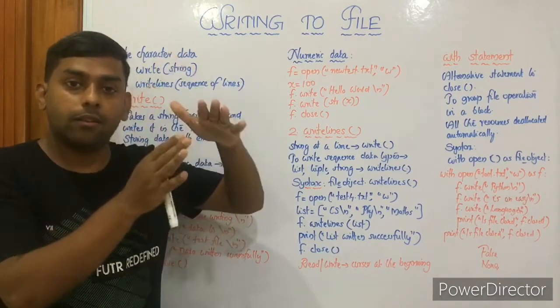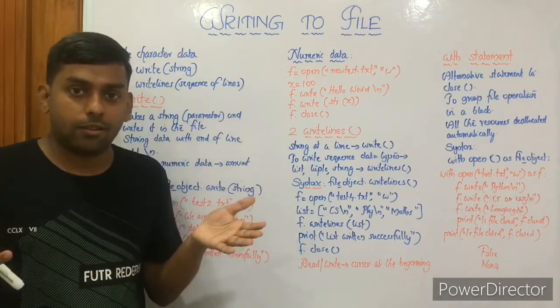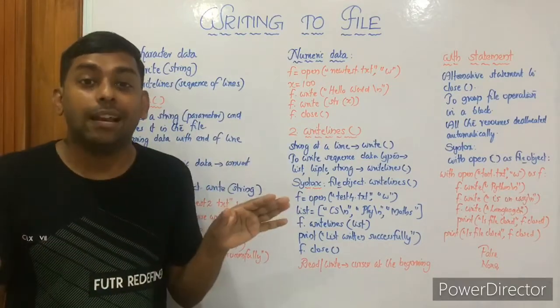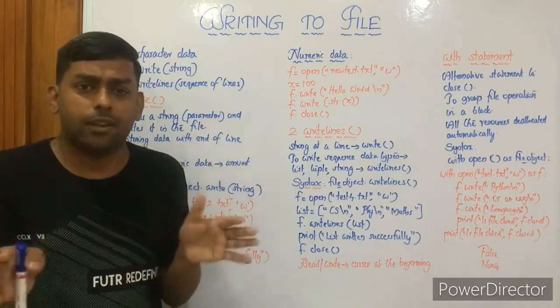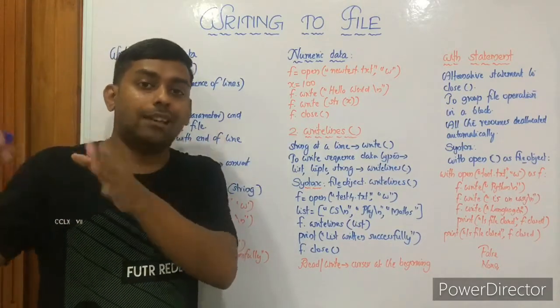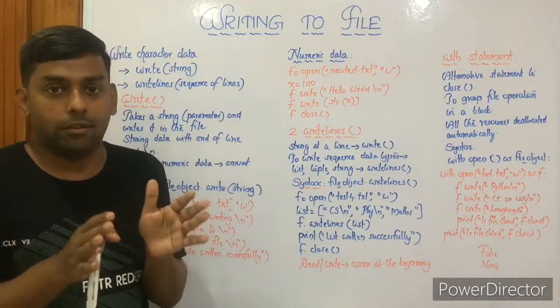That memory can be used by some other processes, right? That's very logical. So the memory used by one process should be released, so that other processes or files can use the memory.